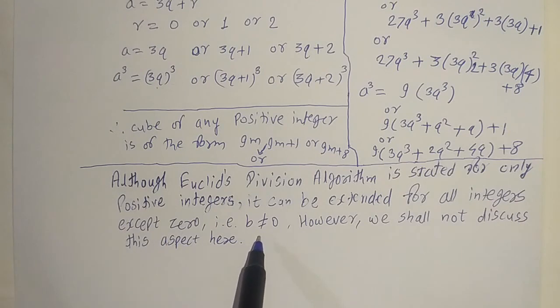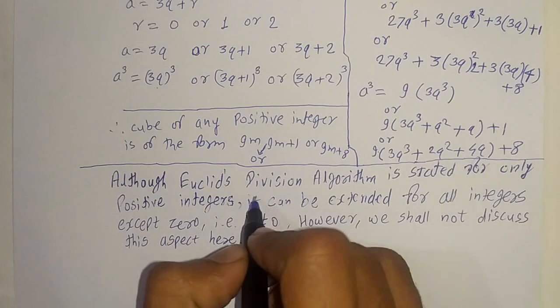That is, the value of b should not be equal to 0. But we shall not discuss this aspect here. This is mentioned in your book. What does this mean? The value of b can be 0 in those equations, but that is not in your syllabus.